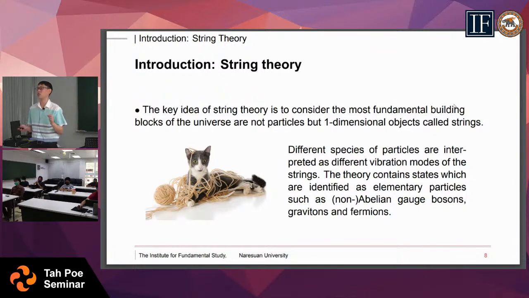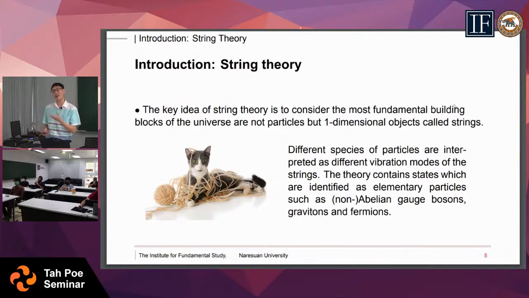It's a one-dimensional extended object called the string, but it's not an actual string. It's a very tiny one-dimensional object. The different species of elementary particles can be interpreted as vibrations of the string, and of course, string theory contains many states.